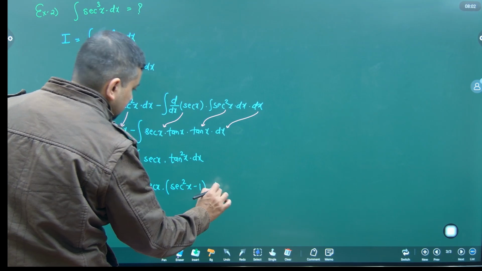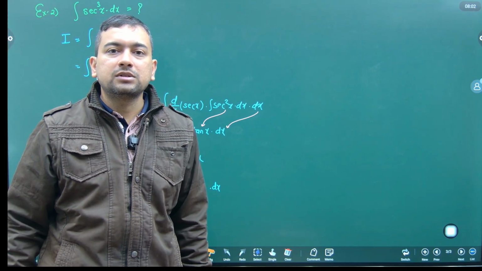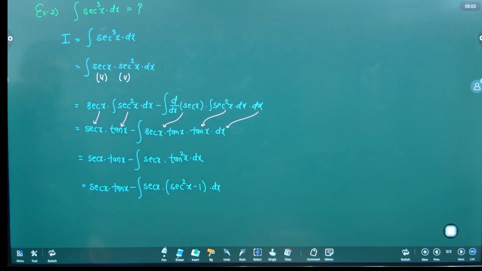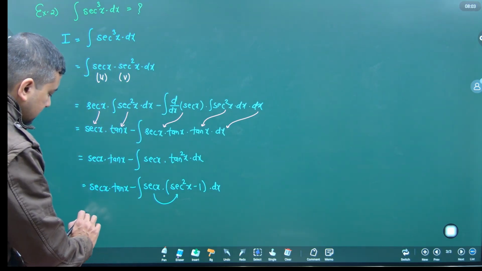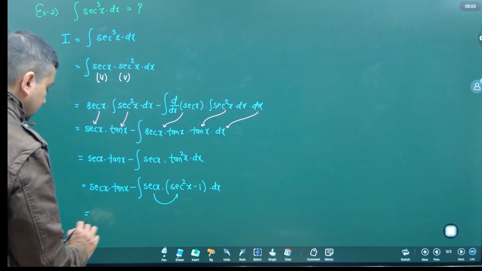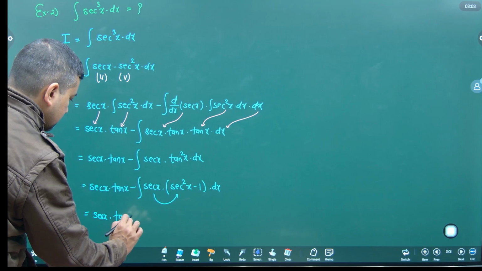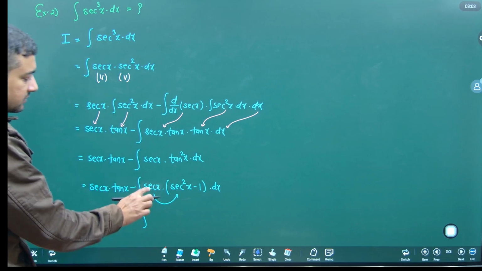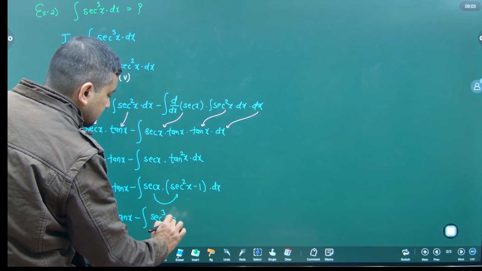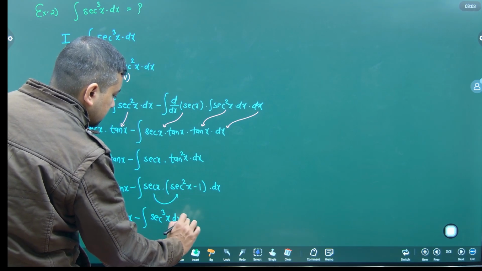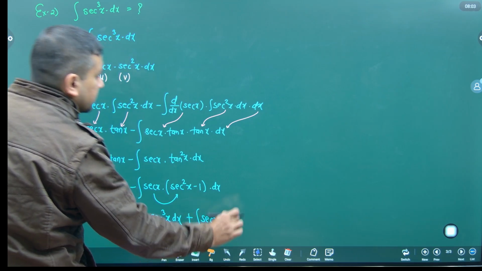Is this correct? Because 1 plus tan square x is sec square x. Now let us multiply this. So you will have sec x tan x minus sec x into sec square x, which becomes sec cube x dx, minus into minus becomes plus sec x dx, correct?